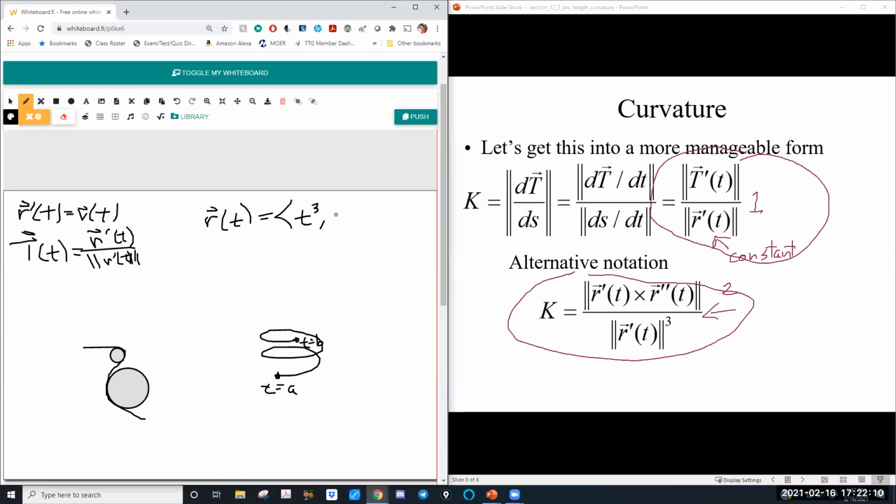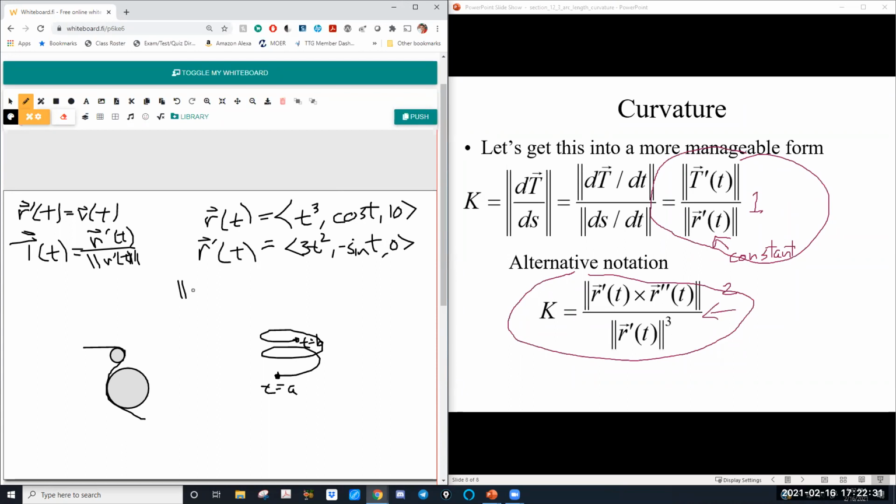Let's just say we have... Now when we go to find the magnitude of r prime, we would have 3t squared, negative sine t, 0.